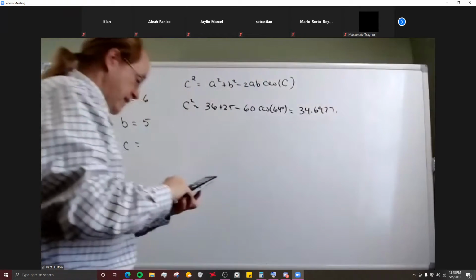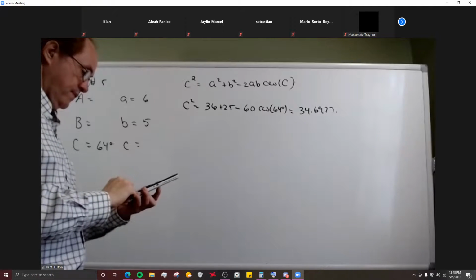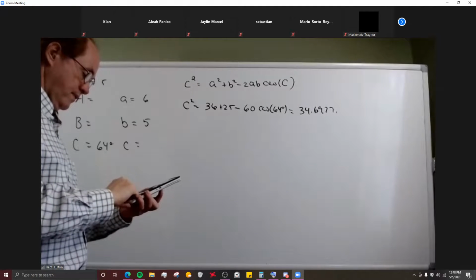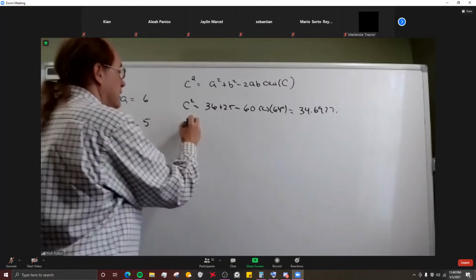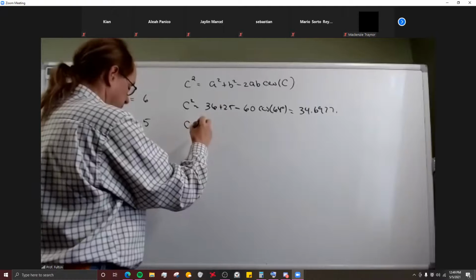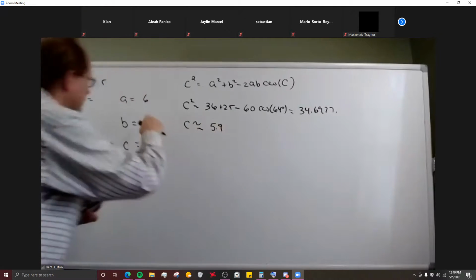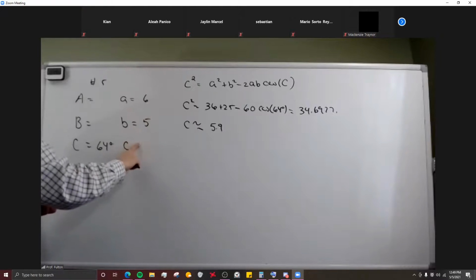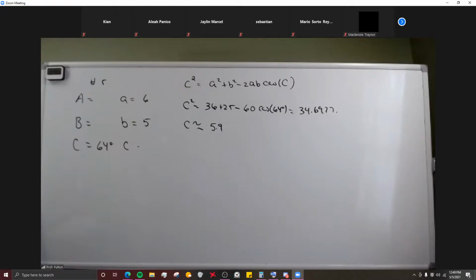Take the square root of that, and I get C is approximately equal to 5.89, but since I only know these to the whole numbers, I'll give the approximation to 1 additional decimal place.